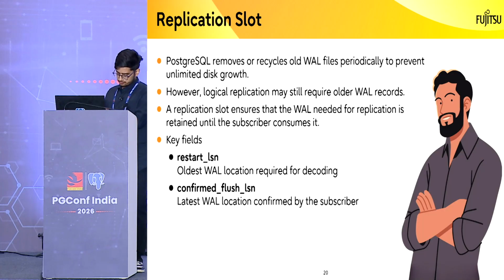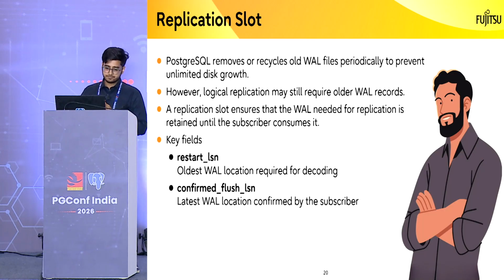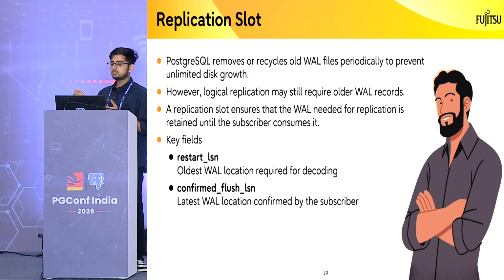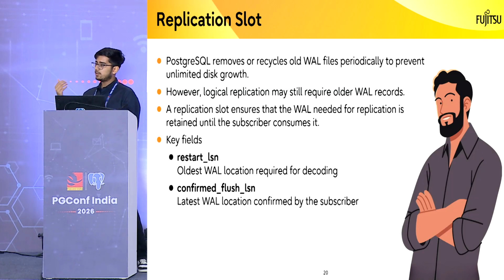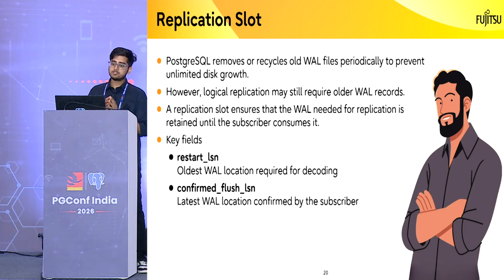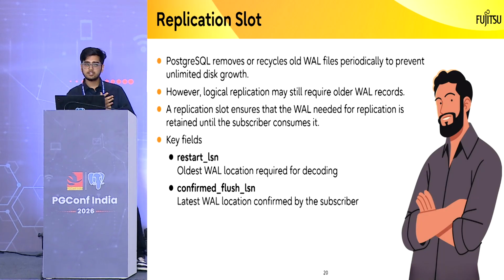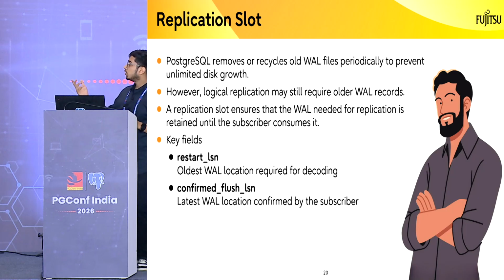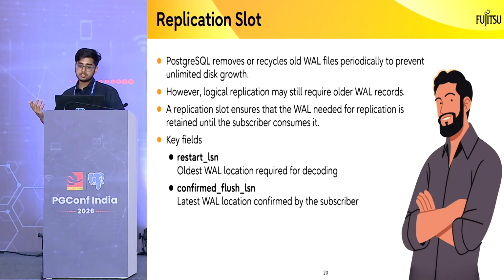Moving on. Till now we saw that WAL files are generated. In the background, Postgres periodically removes or recycles the WAL files to prevent unlimited growth of the disk, and it can happen that the old records may be required by logical replication.